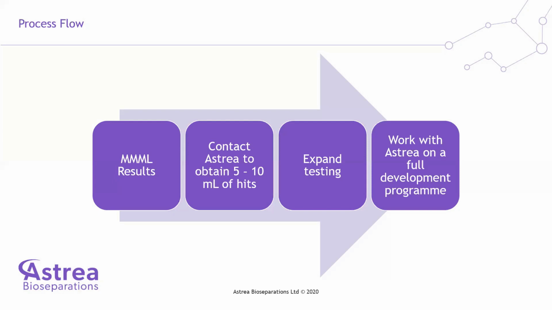So it's a bit more, let's say, sophisticated. And then if that is showing promise and it's working very well, at that point, we could work with you and engage with you on a full development program. That's then essentially how we would move forward with it.